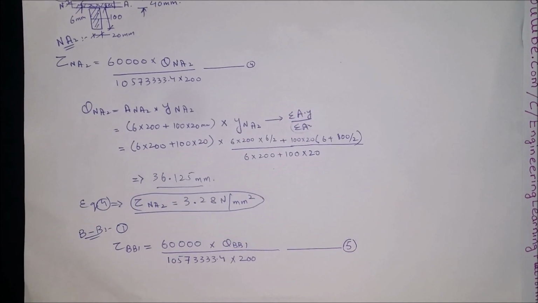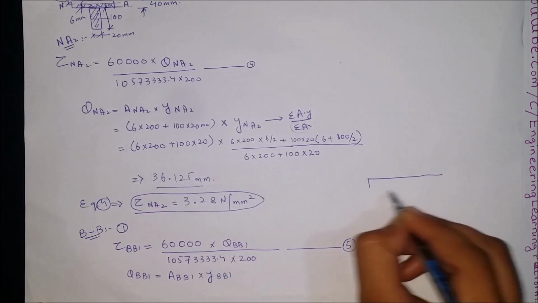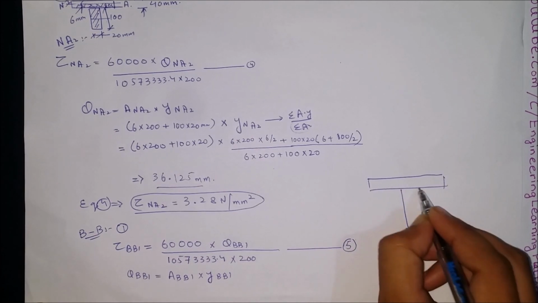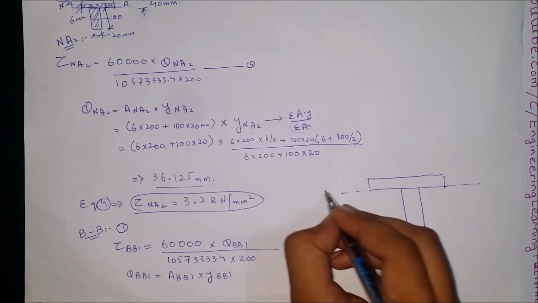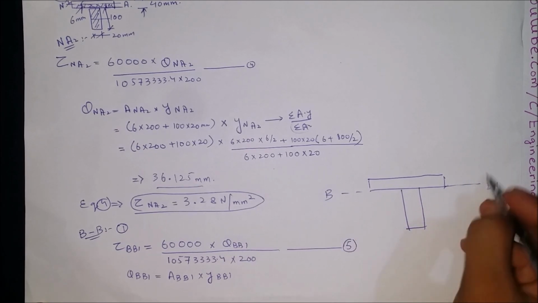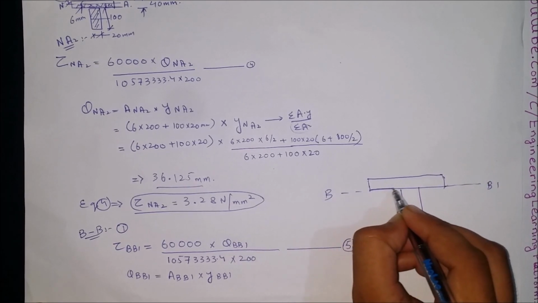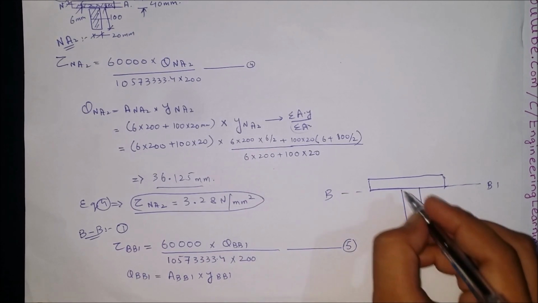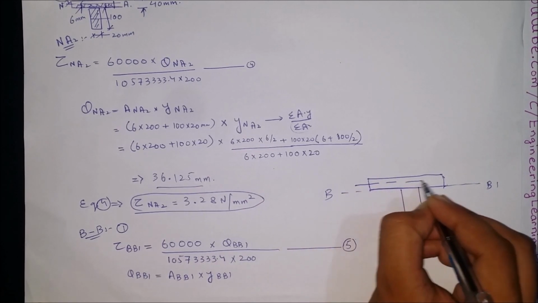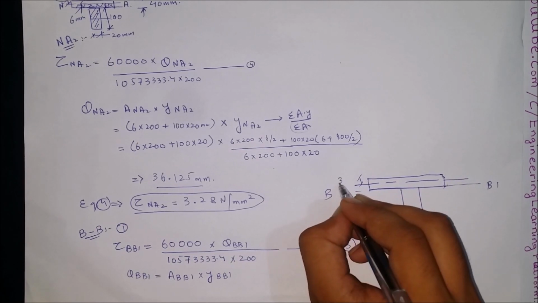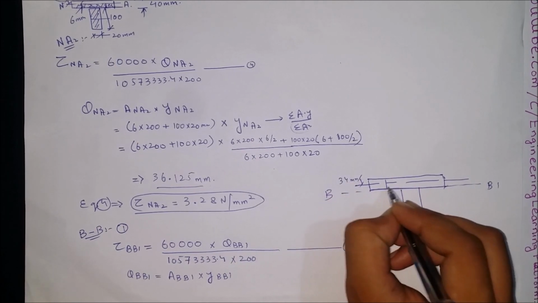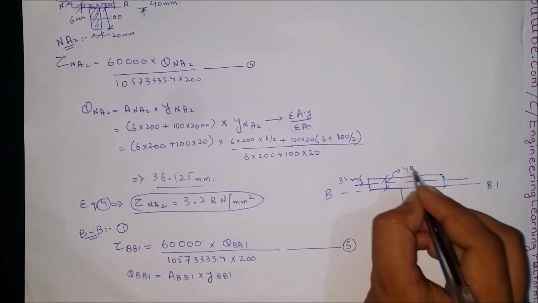For QBB1, we need area BB1 multiplied by lever arm. Drawing a rough sketch just to show you where the fiber BB was located. BB1 is due to thickness 200. Okay, so the neutral axis was at 34 millimeter and the fiber BB is at 40 millimeter.